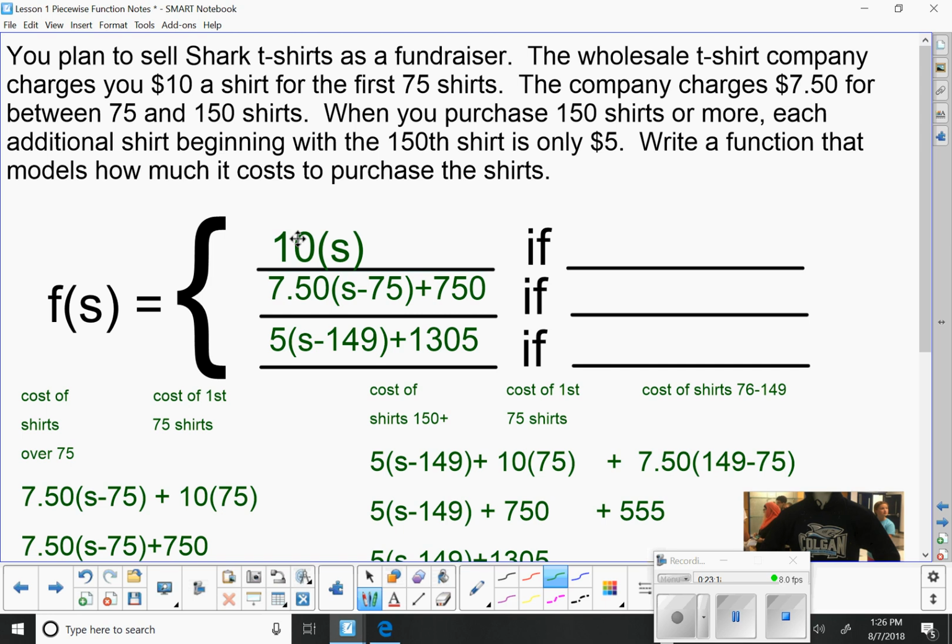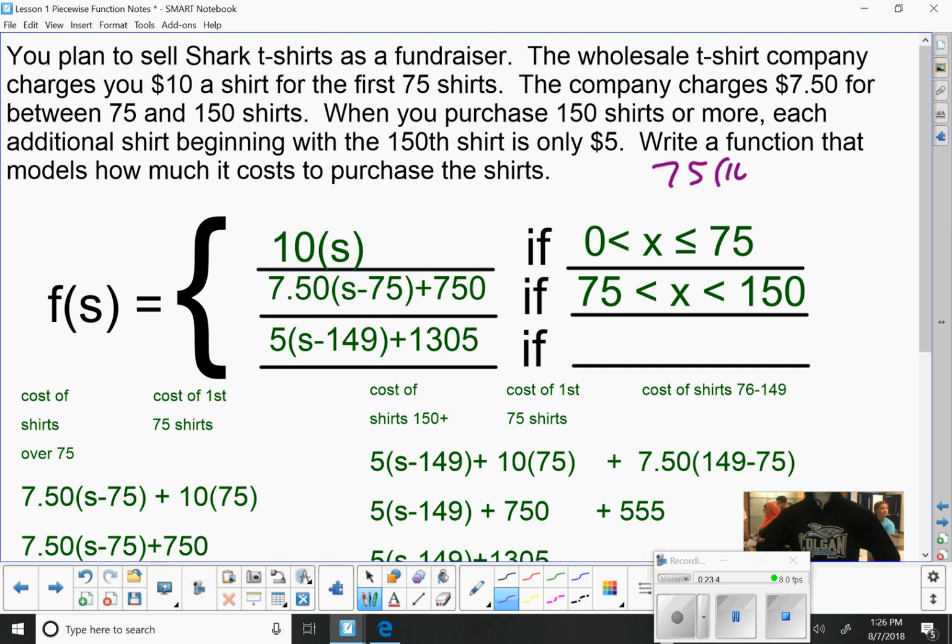Well, $10 per shirt if you're up to and including 75 shirts. Over 75 shirts, you got to pay for the first 75, then it's $7.50 for all the others. Where did I get the $7.50?